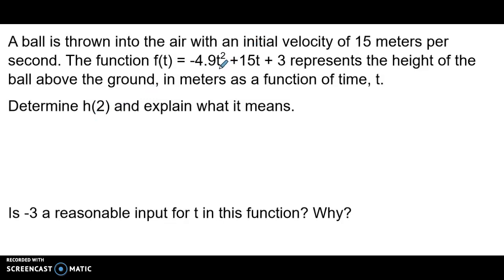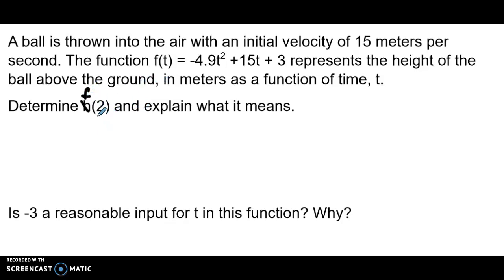So t here is our variable time, and over time this f of t tells us how high the ball is above the ground. So determine h of 2, this should say f of 2, and explain what it means.